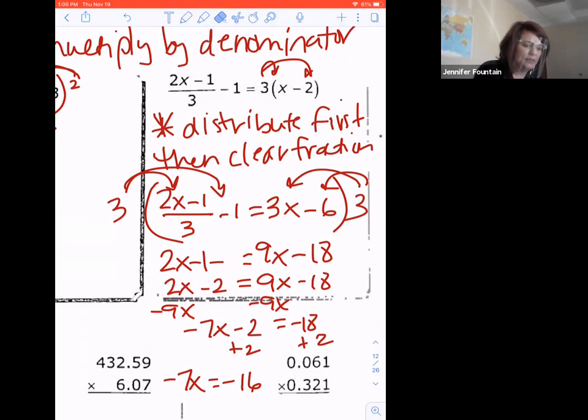So that should be minus 3. So this should be negative 4. There we go. So that means, I'm just going to take all this away real quick.